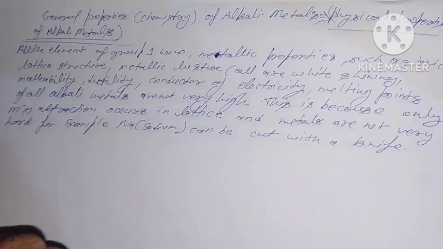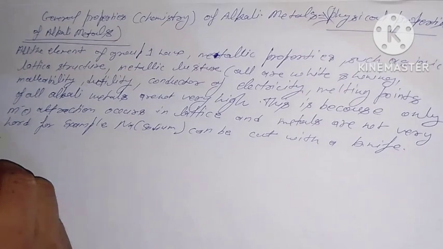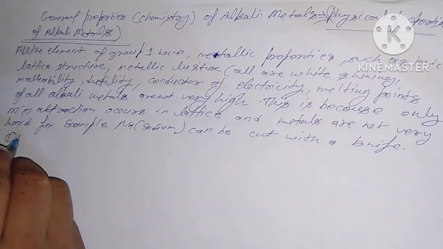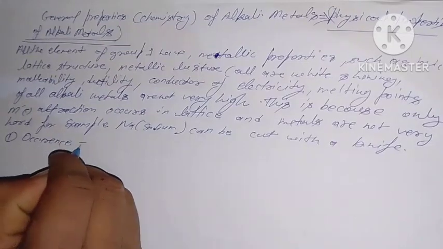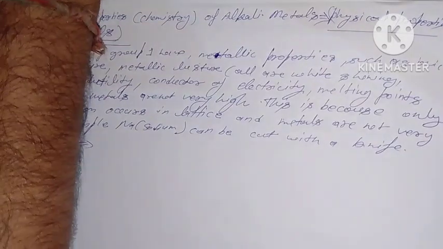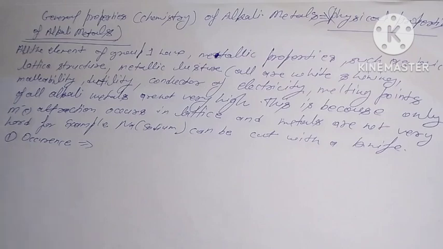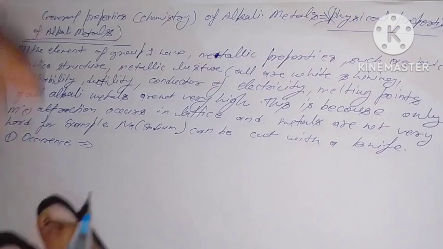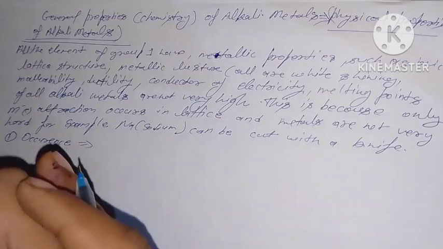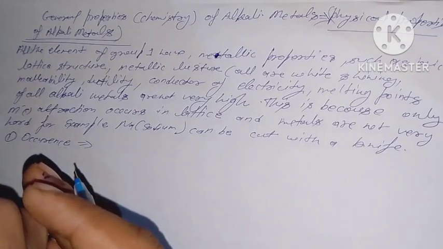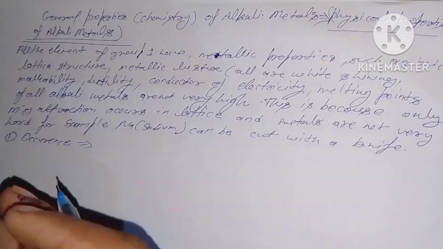Some of their important physical constants are summed up in these tables. First point, occurrence. The metals of this group are too reactive to be found in the free state, as these elements are found in combined form as ores.